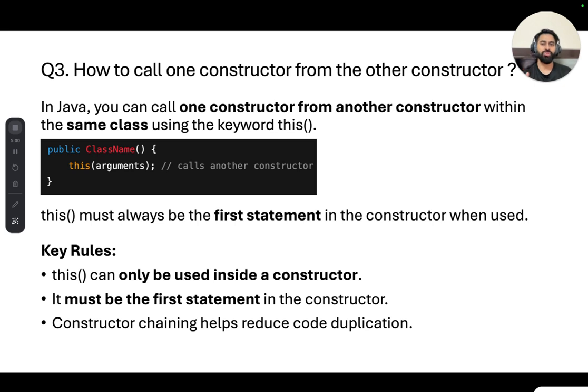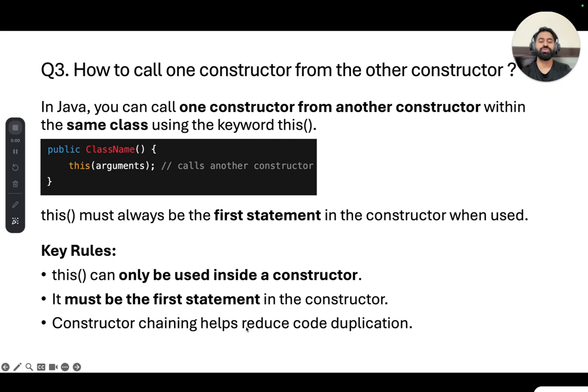Second, it must be the first statement in the constructor. If you try to put this in another part of your Java class, or as the second or third statement in a constructor, it will give a compile time error. Constructor chaining helps reduce code duplication.